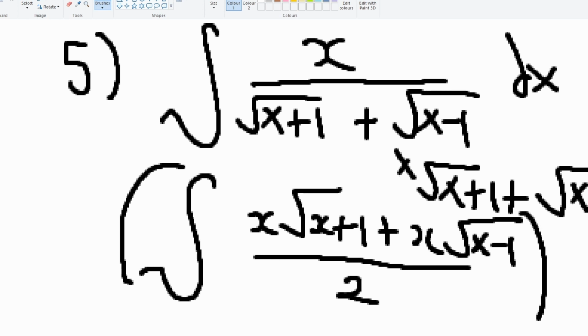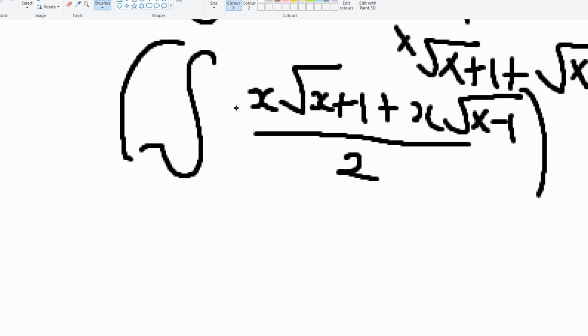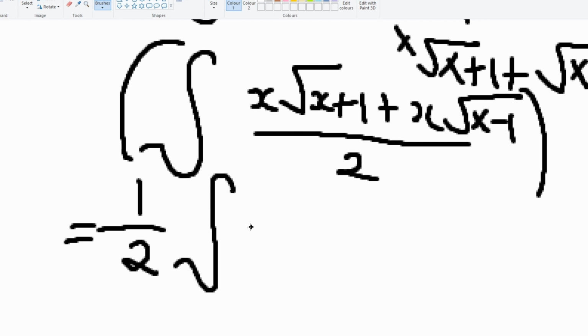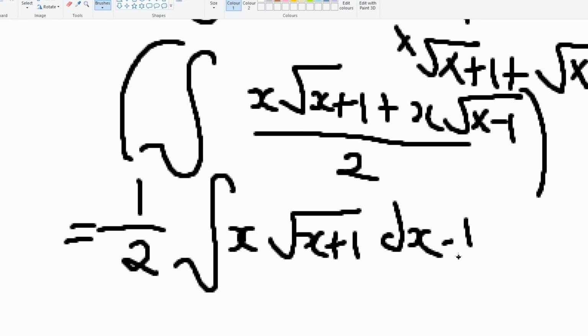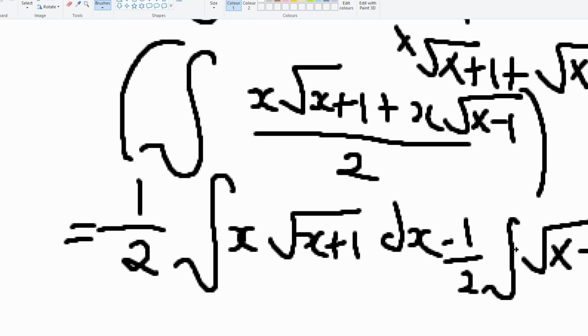That's what we'll get. Now then, we can separate this integral out into two integrals, just like this. So that's such that we'll get a half of the integral x square root of x plus 1 with respect to x minus a half of the integral x square root of x minus 1 with respect to x.